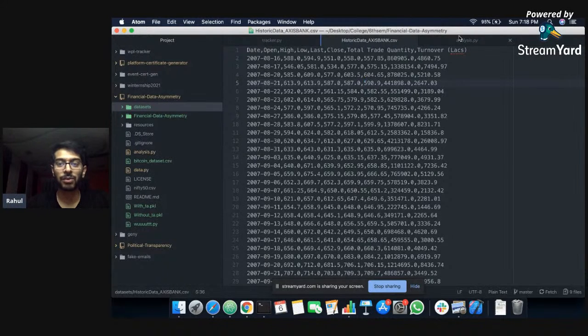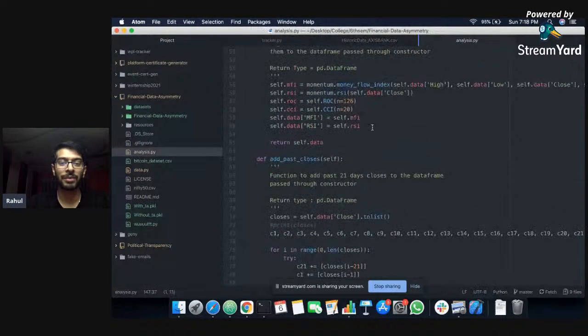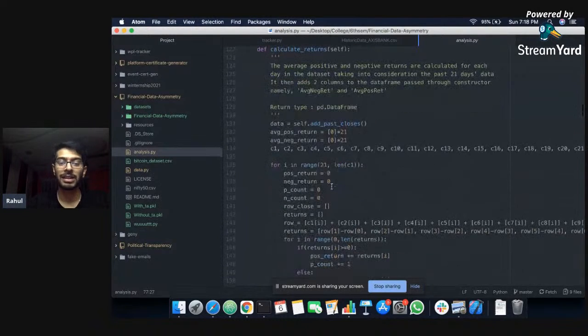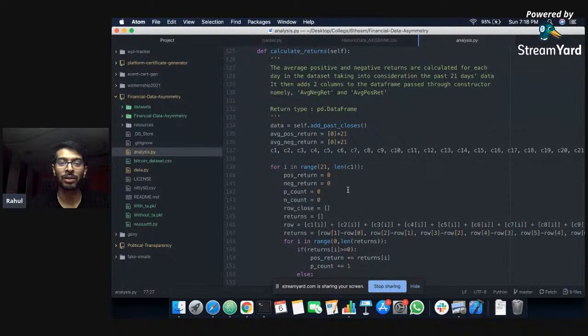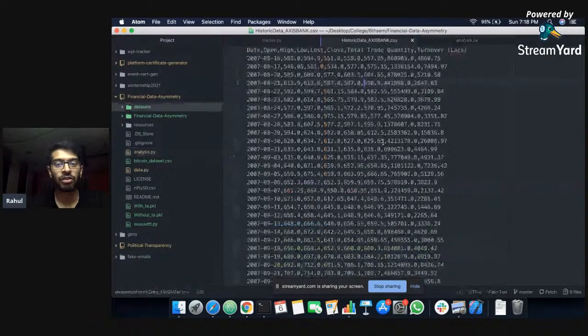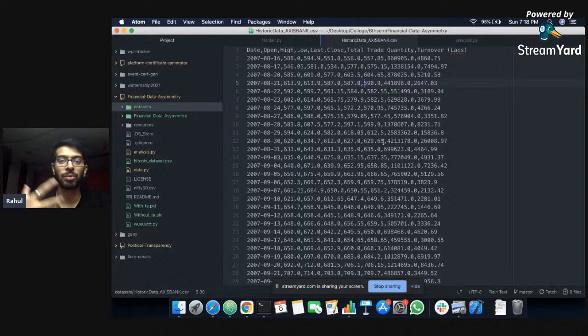For example, we wanted to ensure that we included the past 21 days' context, the past 21 days' return history, and all of that, because we thought it gives us more sense to have that information present as features in the predictive model that we would be building in the future. So that's the reason why feature generation helps, because it helps you build a lot of meaningful features to make a more meaningful predictive model.